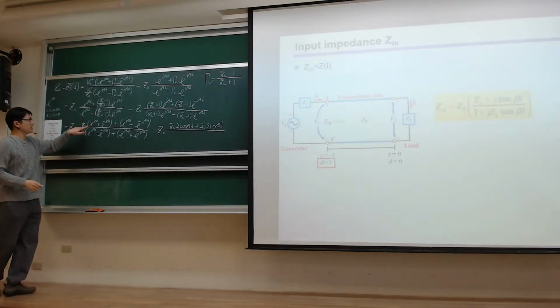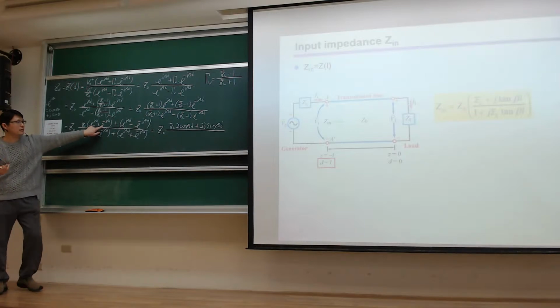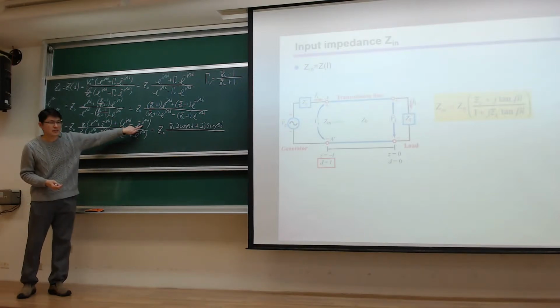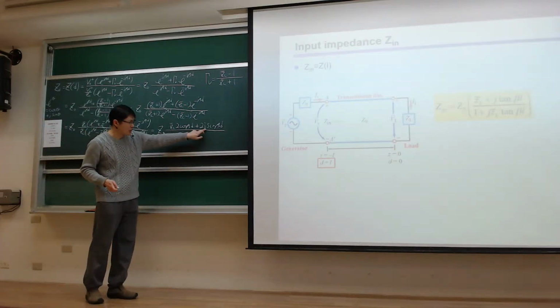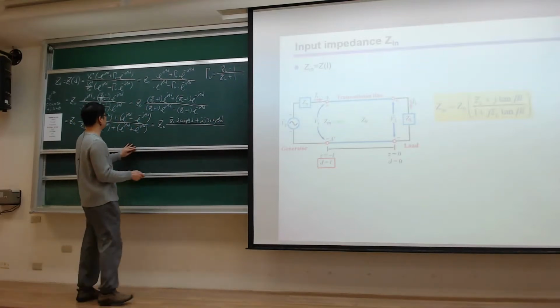Right, so the top part is becoming 2 times the real part. The real part is cosine βd. And this one, this minus is complex conjugate, so now you have 2 times the imaginary part. So 2 times j imaginary sine β. Right.